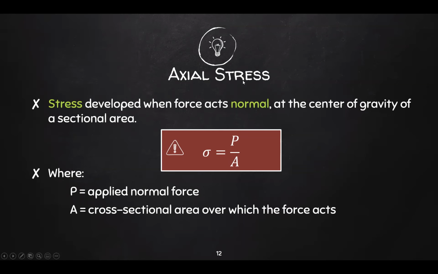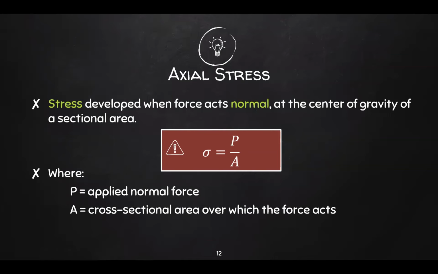For axial stress, F is a specific force P, where P is the applied normal force. So it's the force that is perpendicular to your area. And then A, the cross-sectional area over which the force acts.